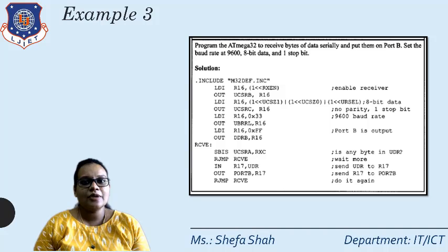With the in instruction, the UDR data is copied to R17, and R17 is sent to port B. So here we have written a program for receiving data on port B, and for continuous operation we use RJMP receive. This is the basic program for receiving data serially.